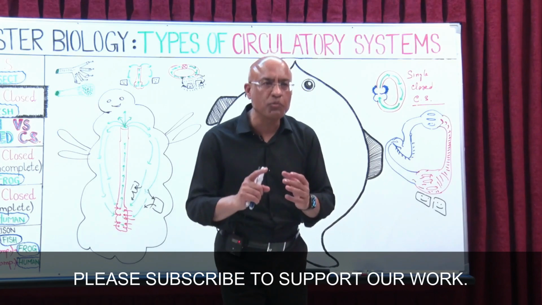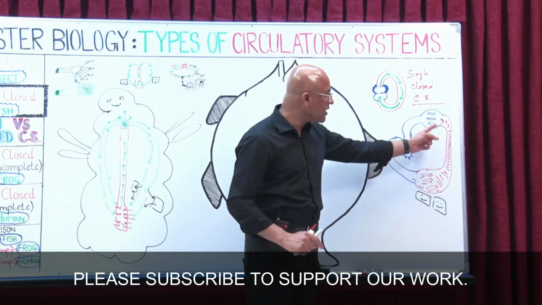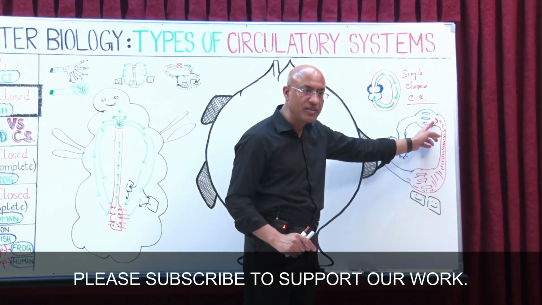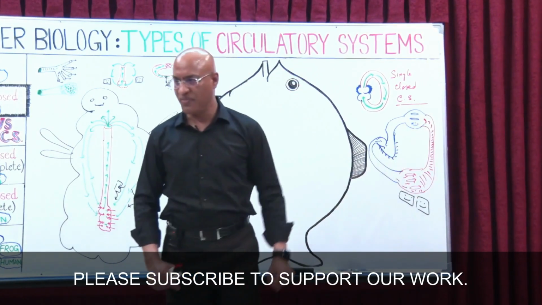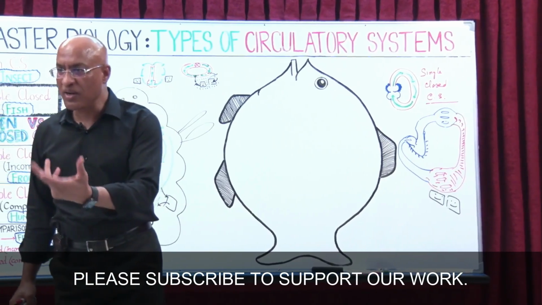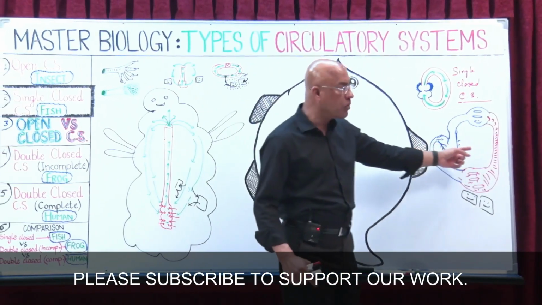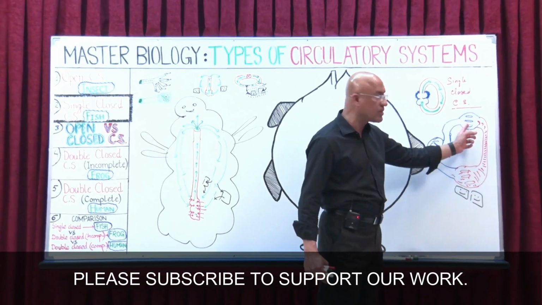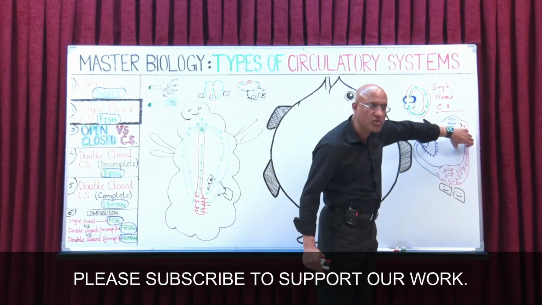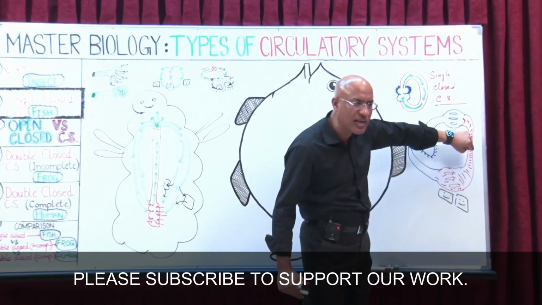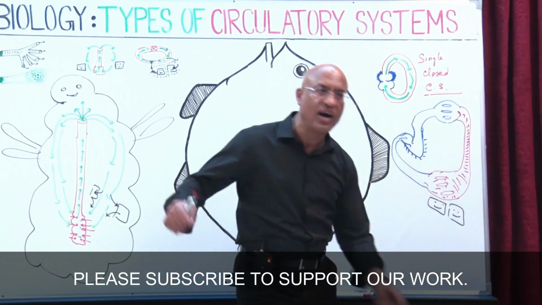One way to make it more efficient is that when blood gets oxygenated and it is going towards the tissues, it should be again pressurized. After oxygenation, somehow blood should be again squeezed and pressurized so that it moves faster.